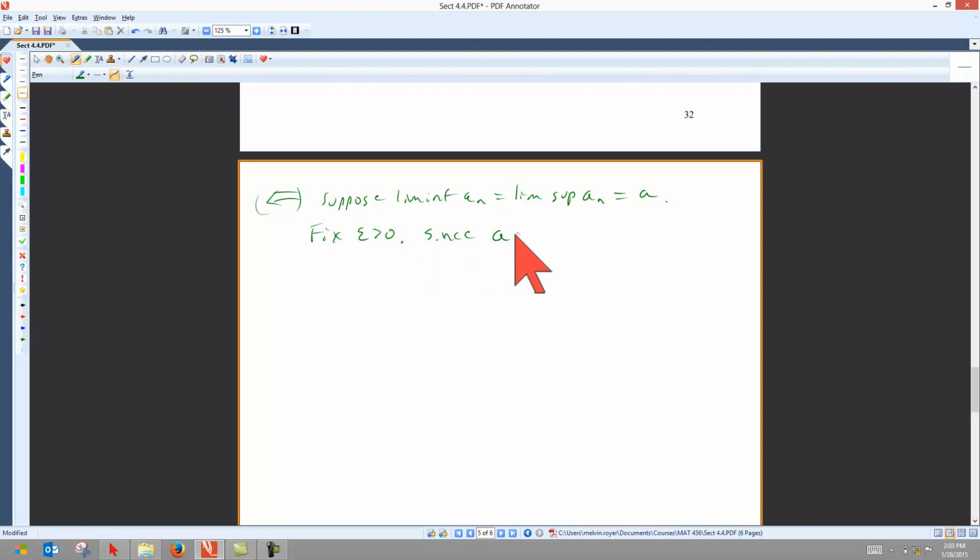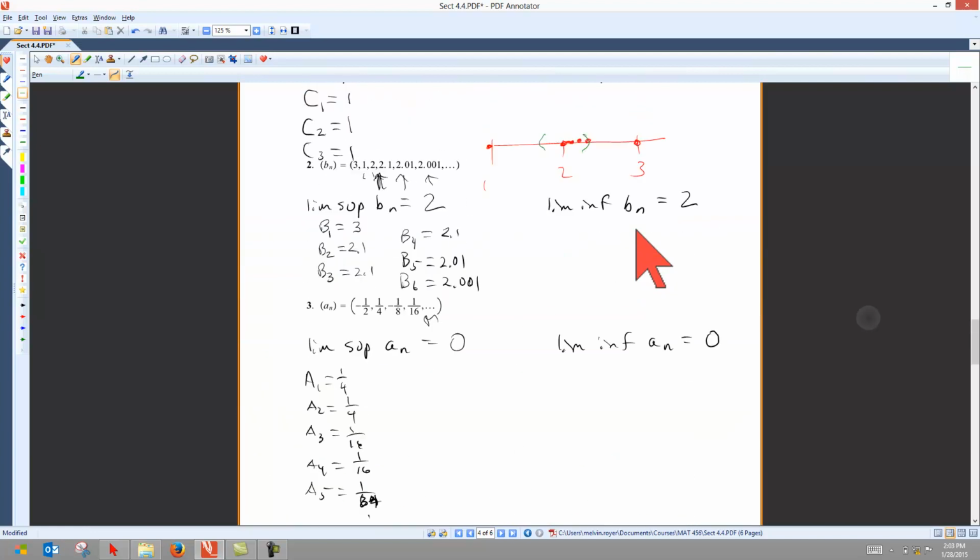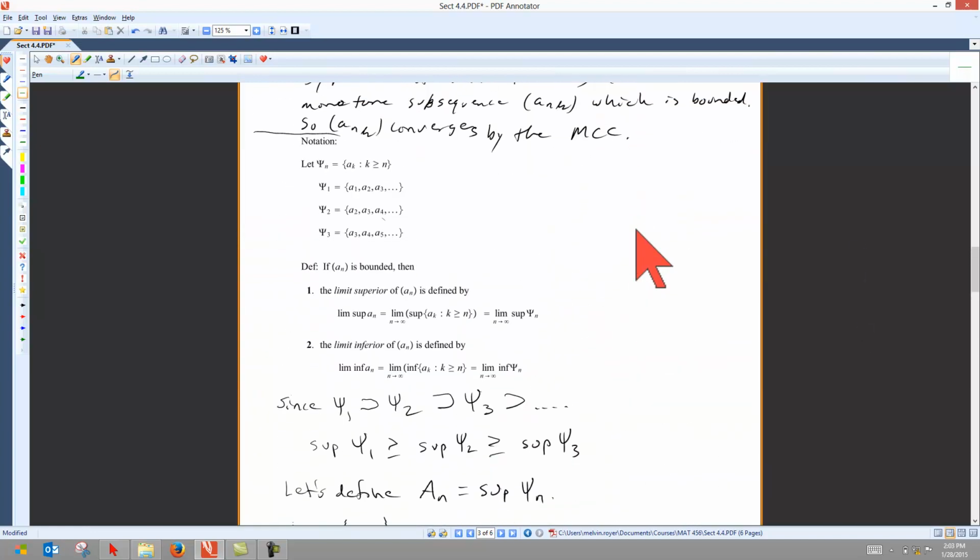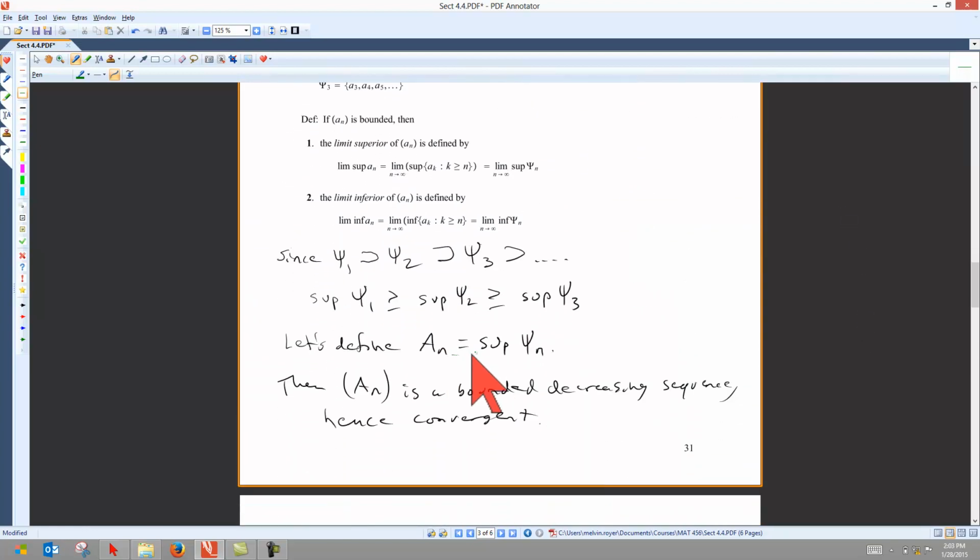Since a is the limit over n of the capital A_n's, where A_n is the set that we were talking about, the supremum of the sets as you start at a point and go there on out, and then advance one and go there on out.